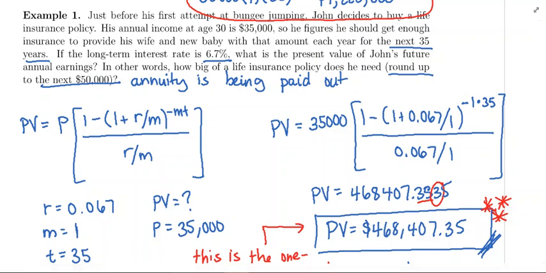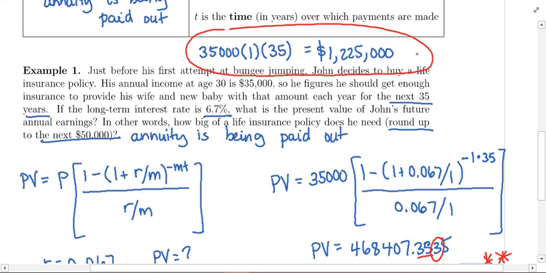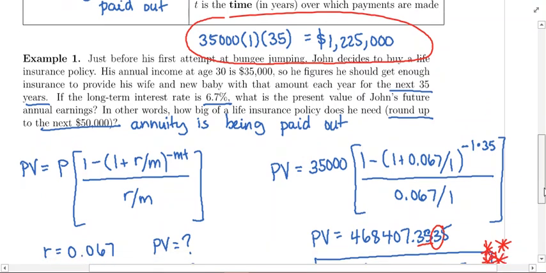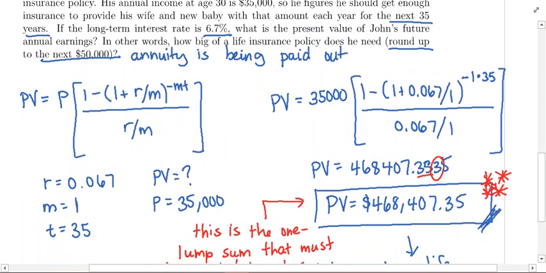And because that interest is still accumulating, this lesser amount will pay out the $1,225,000 over the 35-year period. So in the next video, we're going to map out how this lesser amount pays out that much bigger amount. All right, so let's take a look at it.